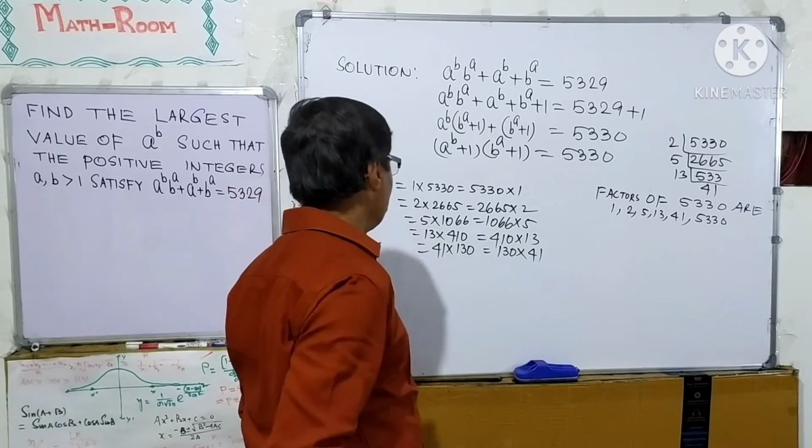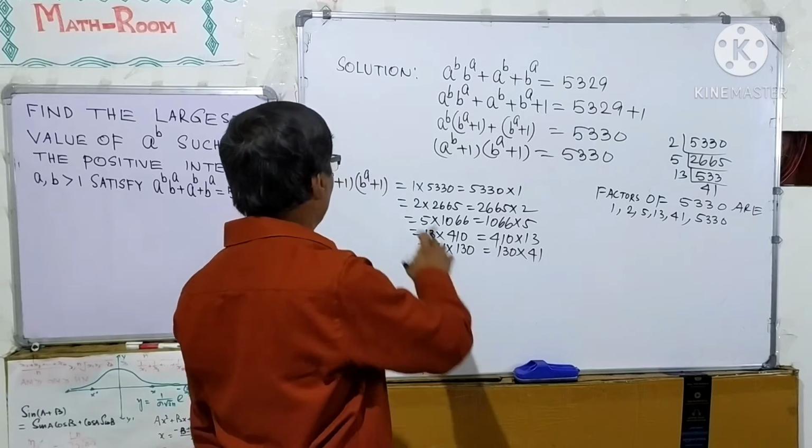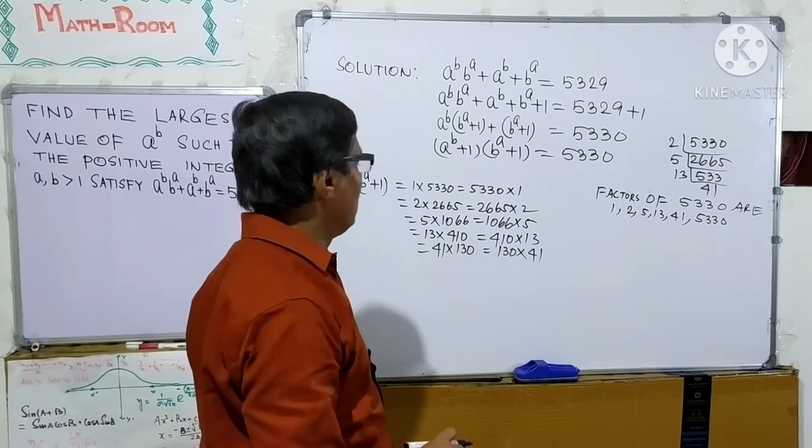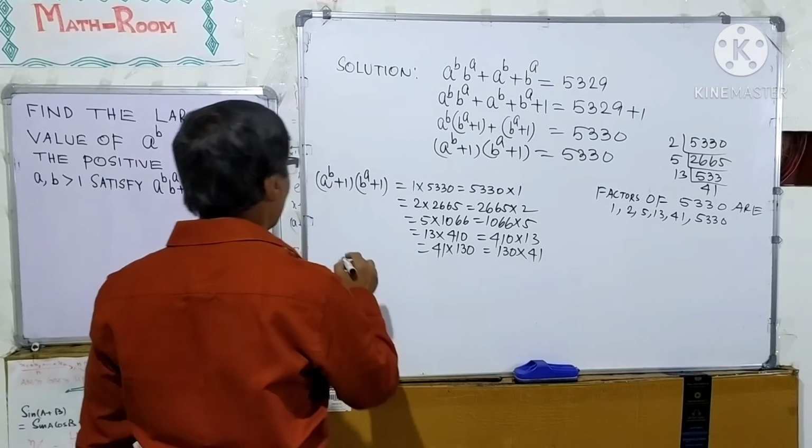Now from this we can consider the maximum value of a to the power b plus 1.